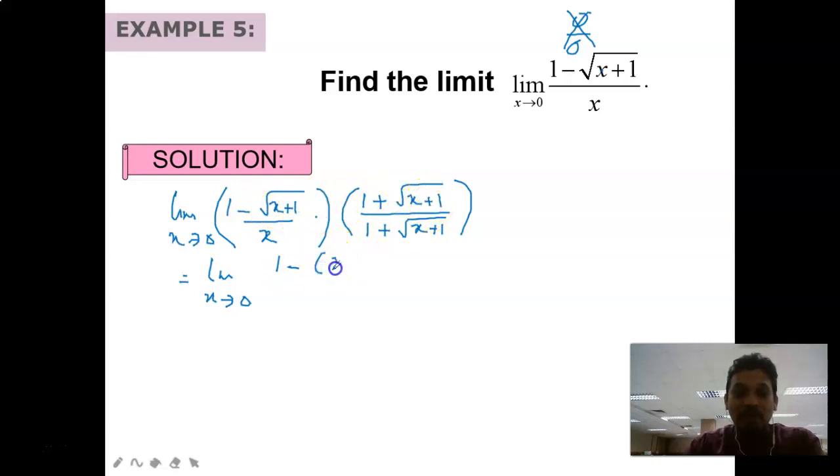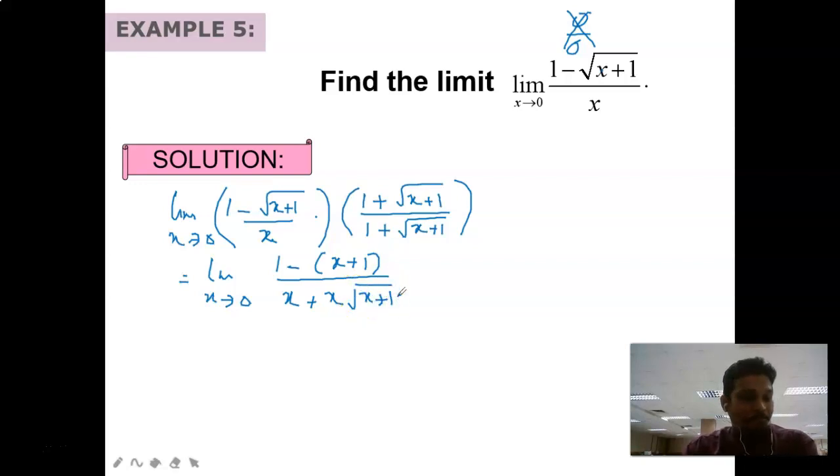Then we get x plus 1. Now x multiplied with 1 equals x, and x multiplied with square root of x plus 1 gives x square root of x plus 1.